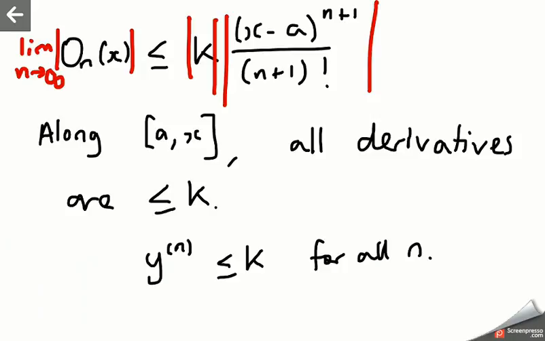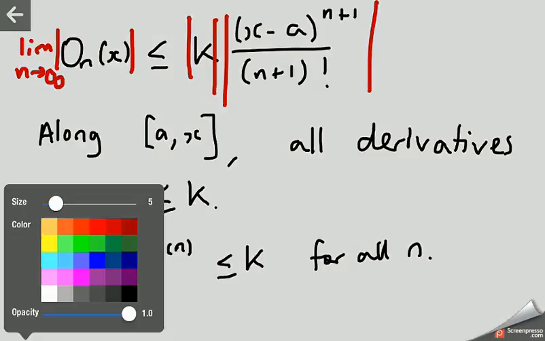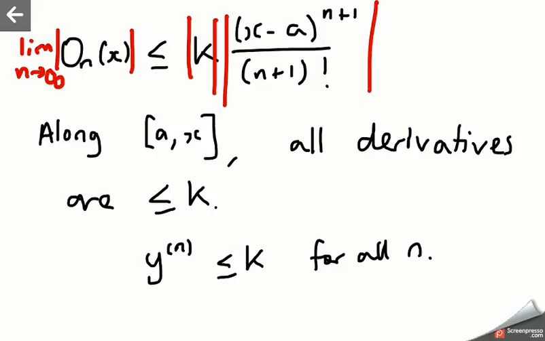Well, as n gets bigger and bigger, this n plus 1 factorial is going to get huge. It's going to get really, really big compared to the x minus a to the power of n plus 1 term on top. So the bottom term is going to get really, really huge compared to the term on top.